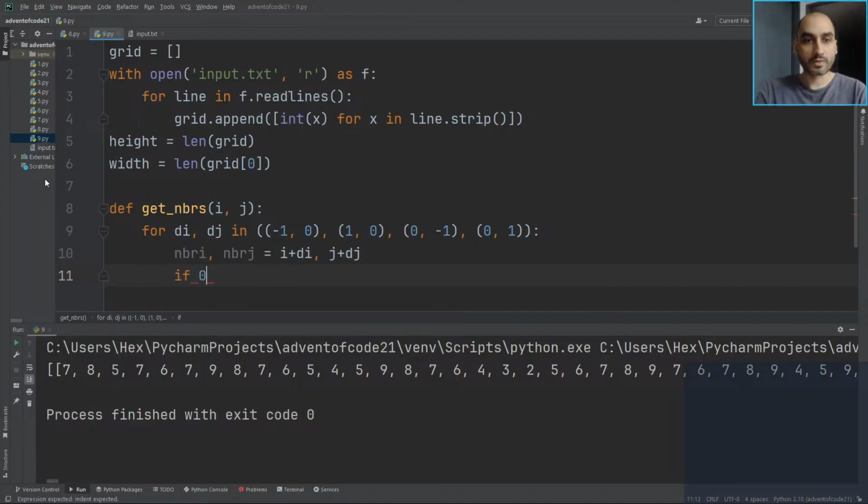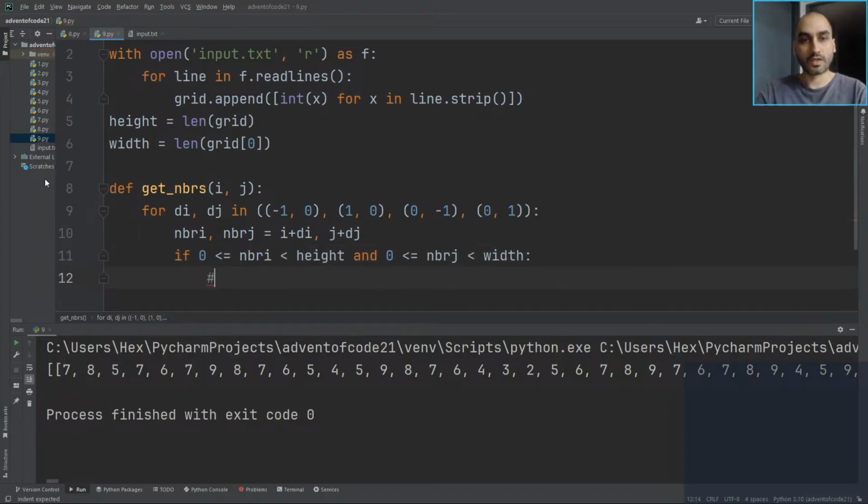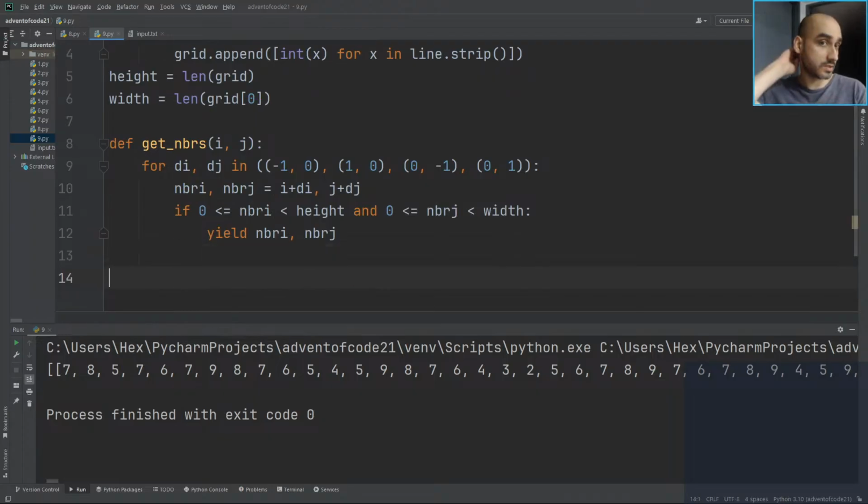If 0 is less than or equal to neighbor i is less than height, and 0 is less than or equal to neighbor j is less than width, and this is a valid neighbor, so yield neighbor i, neighbor j. Okay, that's get neighbors.